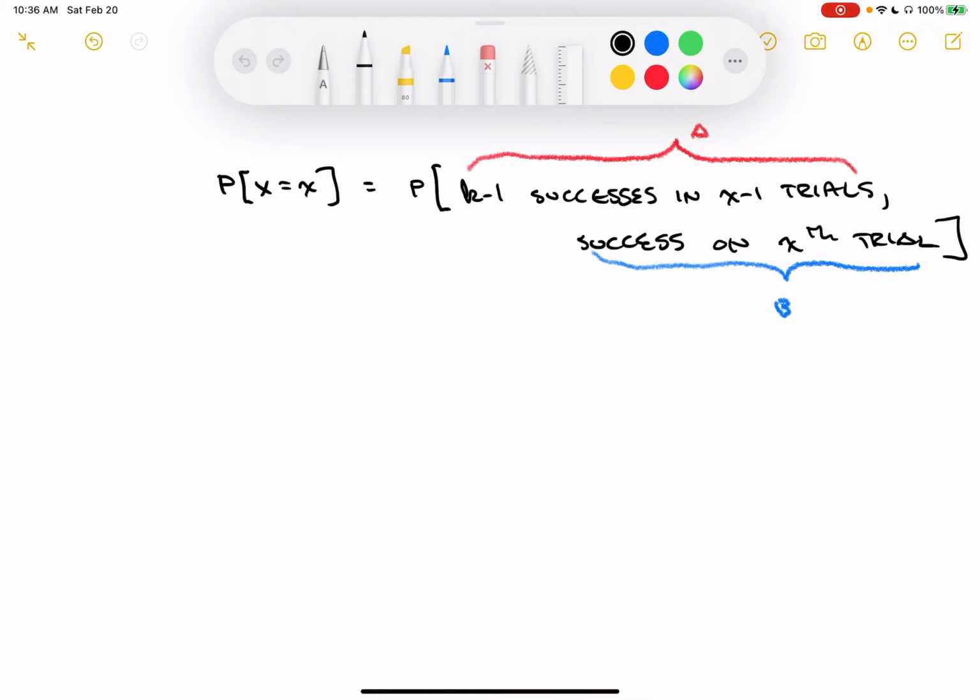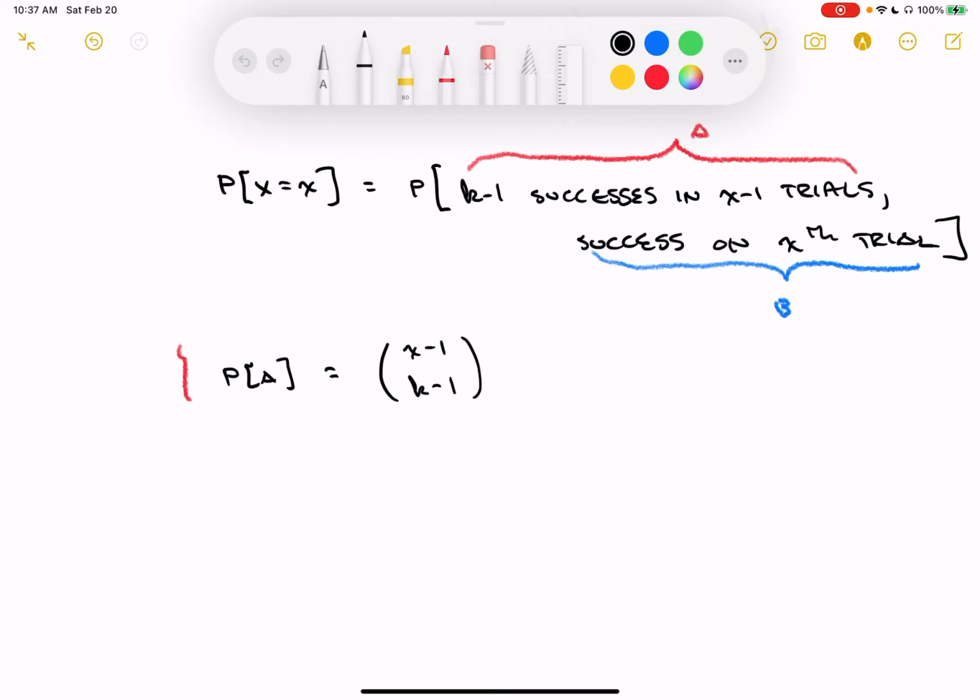So let's deal with the probability of A first, working on that red side of things. The probability of A is nothing more than what we had seen before for a binomial random variable, except the total number of trials is not x, it's x minus 1, and the fixed number of successes that we want is k minus 1.